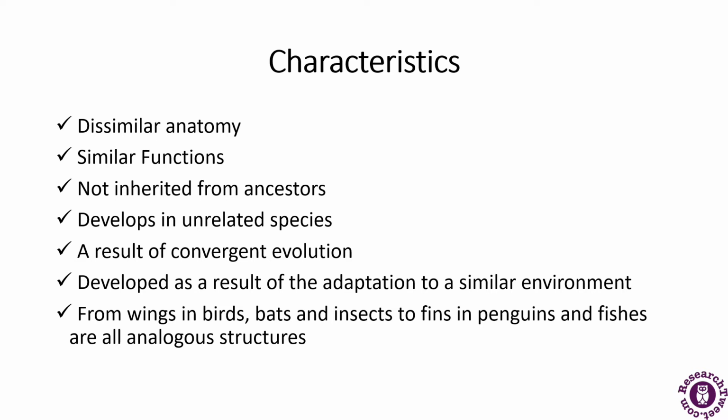They developed in unrelated species as a result of convergent evolution, as an adaptation to a similar environment. So from the wings in bats, birds and insects to fins in penguins and fishes, all of them are analogous structures.